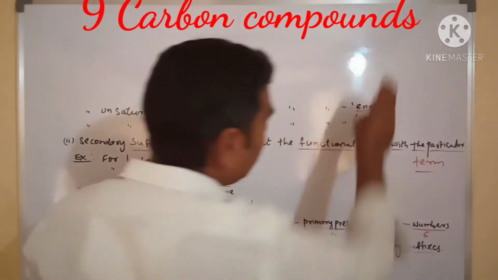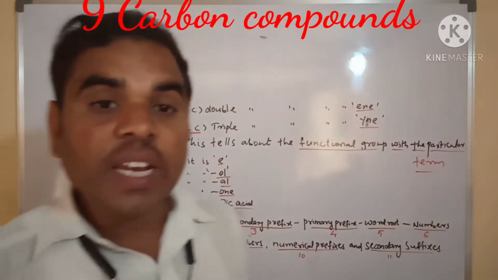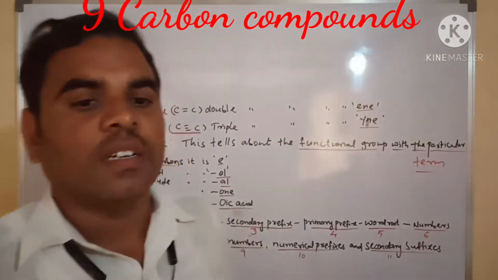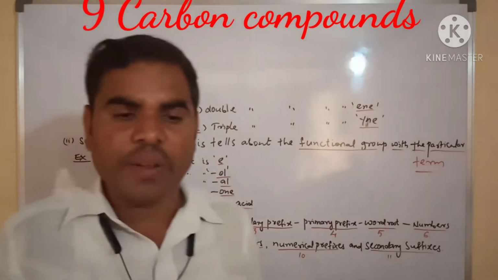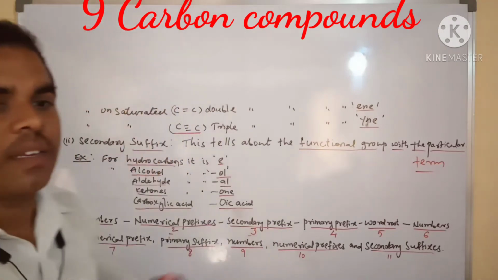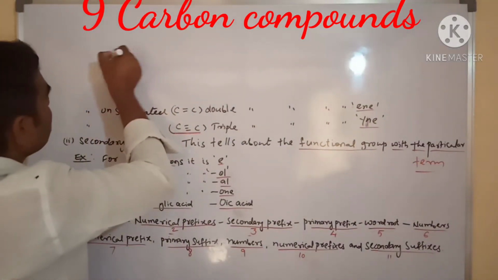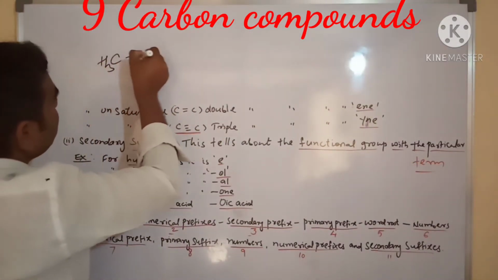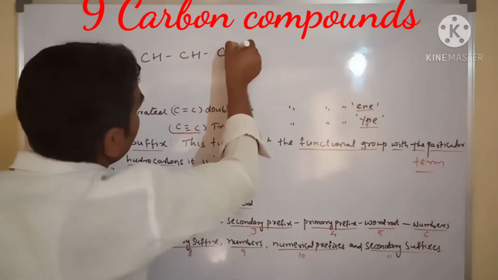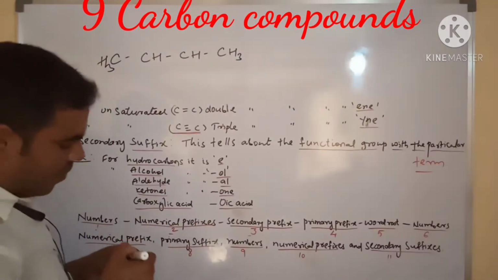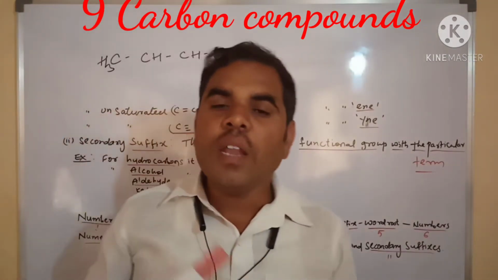If you take the examples, we can automatically understand. For example, butane. We take CH3, CH, CH and CH3. Next, here is attached a chlorine group, and here also a chlorine group.